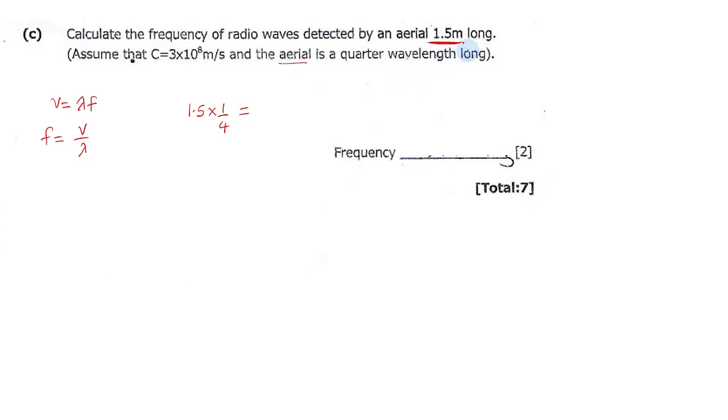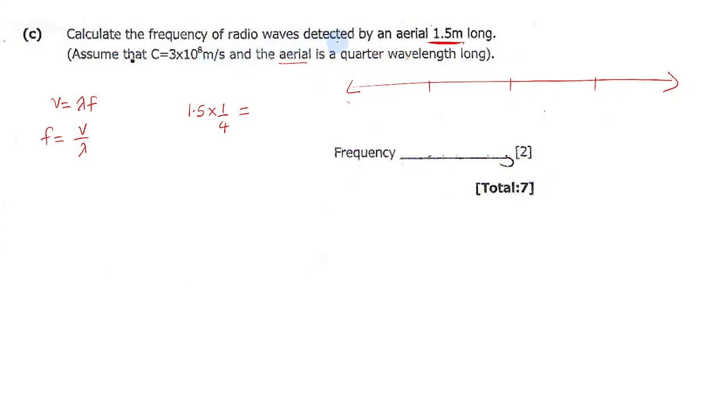If this is a full wavelength, from here to here is a quarter, then quarter, quarter is half, then three quarters, then one.